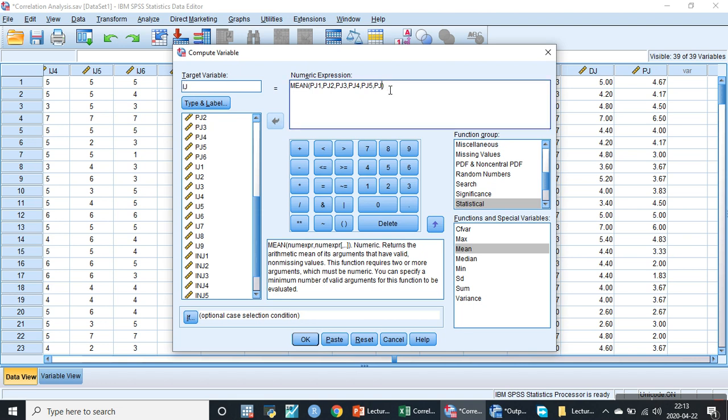Remove the questions of procedural justice and bring the questions of interactive justice: ij1, comma ij2, comma ij3, comma ij4, comma ij5, comma ij6, comma ij7, comma ij8, ij9.